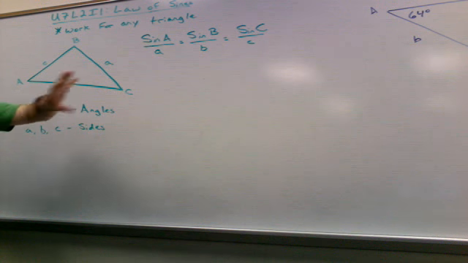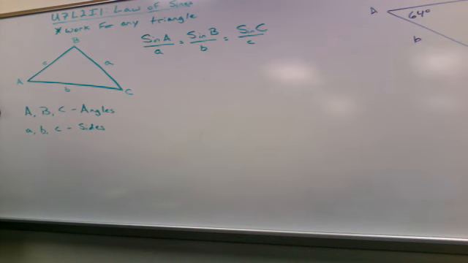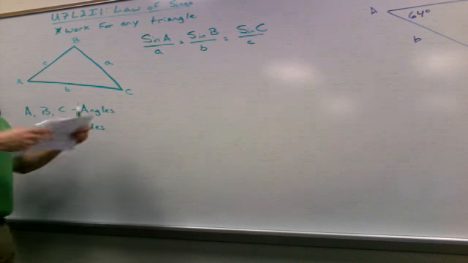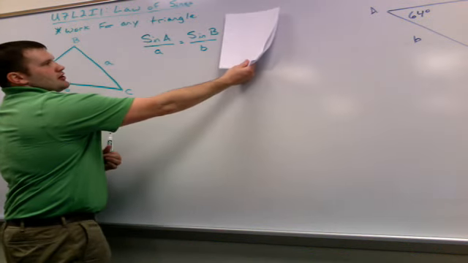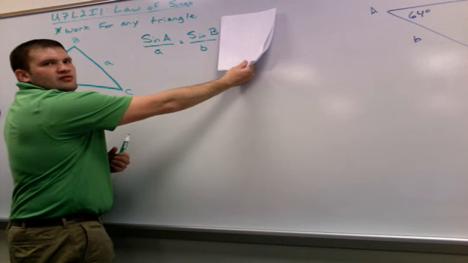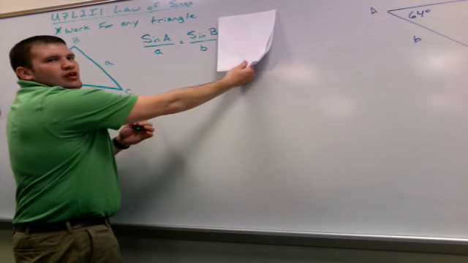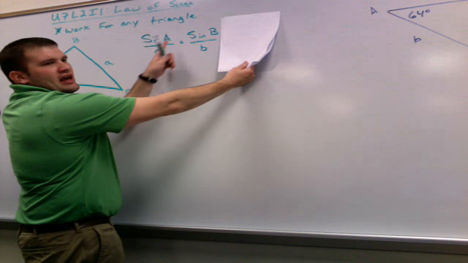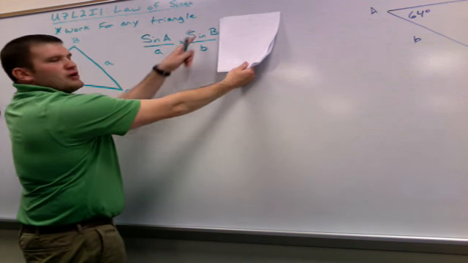Now, in order to make this equation work, how many unknowns can we solve for? One. Anytime I have an equation, I can only solve for one unknown. So if I'm looking at sine of A over little a equals sine of B over little b, I have to know 3 of the 4 things. If I know big A and little a, and I know big B, then I can find little b.